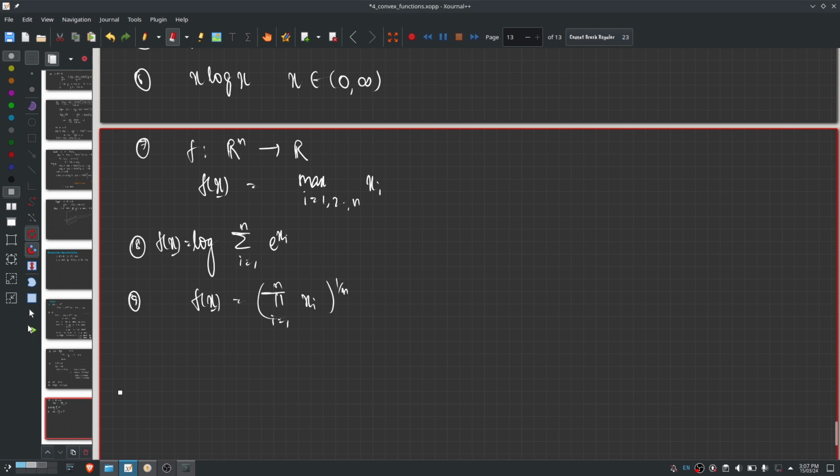So using the various tests that we've seen so far, you can try to prove that each of these, in fact, all of these are convex functions.